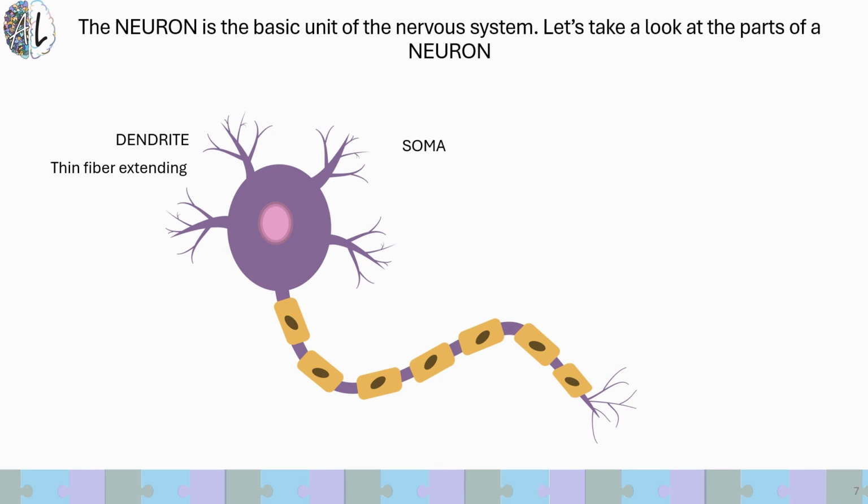Next up, we have this center portion, this nice little circle in the center, and this is referred to as the soma, which means a body. So if you look at the term soma on your word list, it does refer to a body. It just depends on what text you're looking at, but that little center, more oval section is the soma or the body component of the neuron.